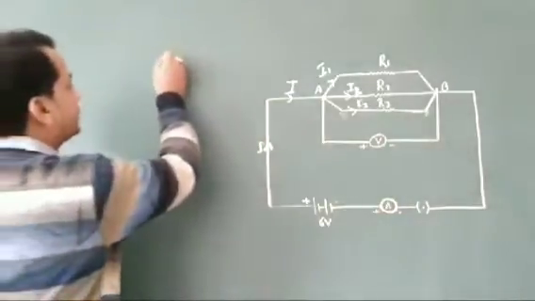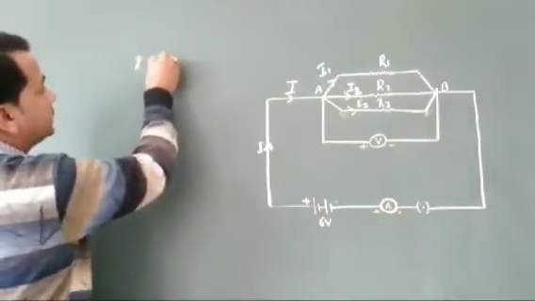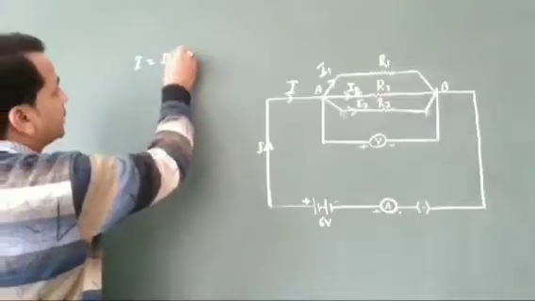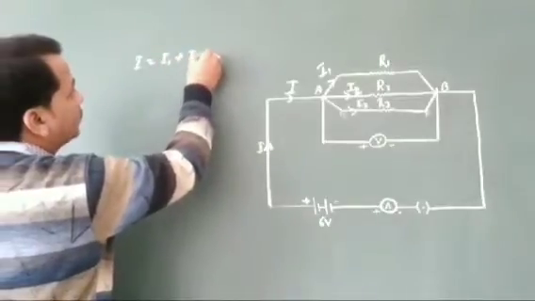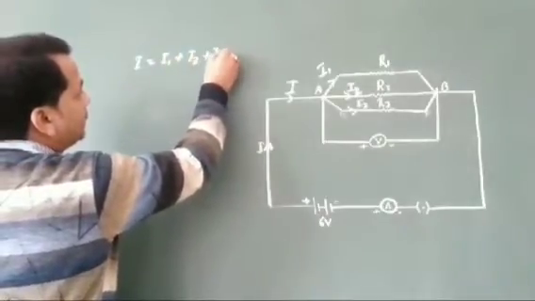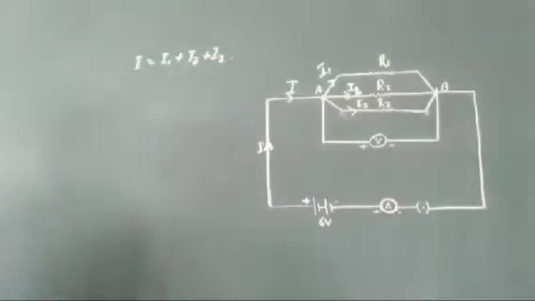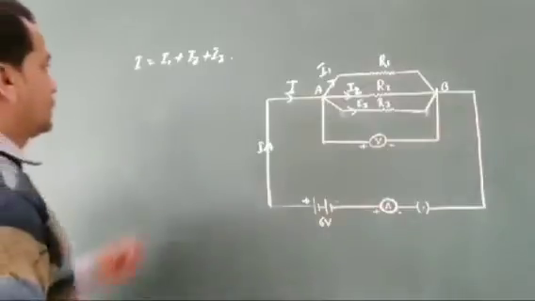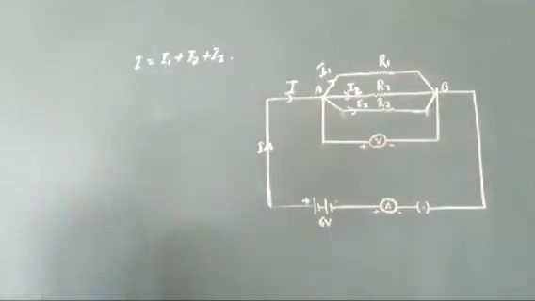So the net current, the total current, is I1 plus I2 plus I3. So here the equivalent current is the sum of I1 plus I2 plus I3.